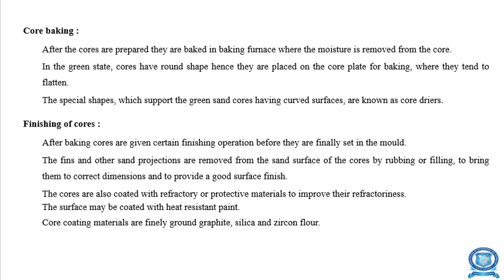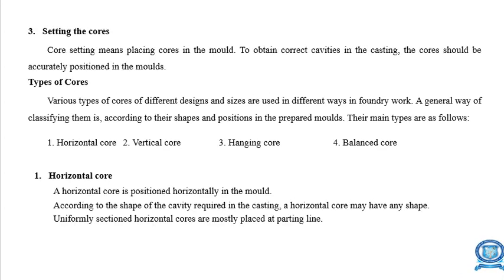This surface finish helps to improve the casting surface also. The cores are also coated with a refractory or protective material to improve their refractoriness. The surface may be coated with a heat resistant paint. Core coating materials are finely ground graphite, silica and zircon flour.